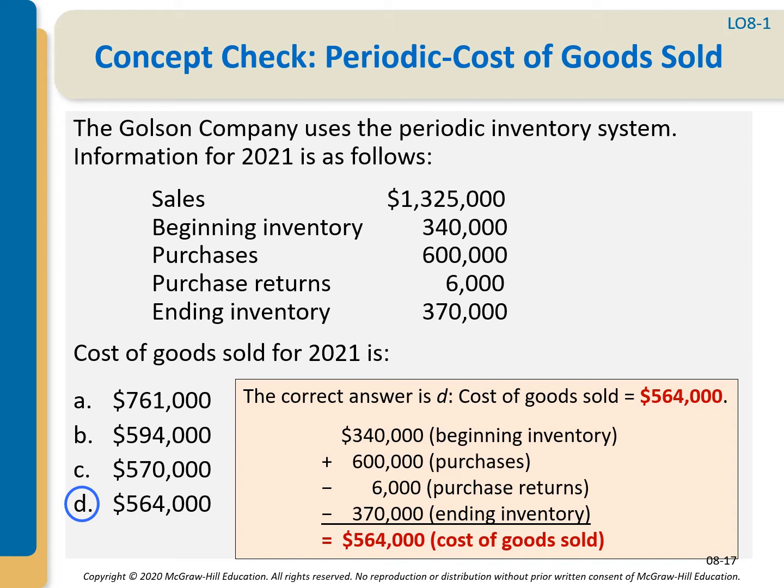That gives us goods available for sale. You subtract the $370,000 left in inventory at the end of the period. That gives us cost of goods sold. But if $6,000 worth of items was returned, we have $6,000 more in cost of goods sold than we should. So you subtract the $6,000 worth of inventory and you are sorted.